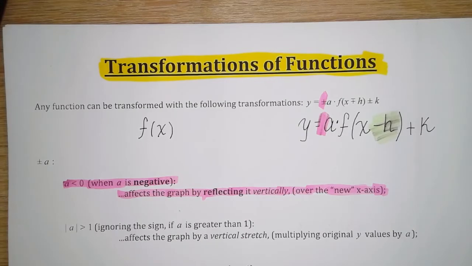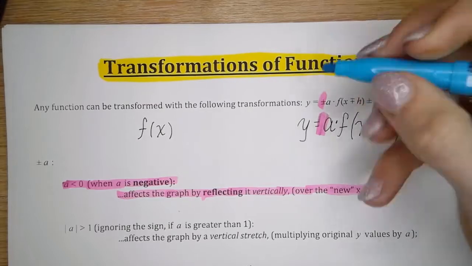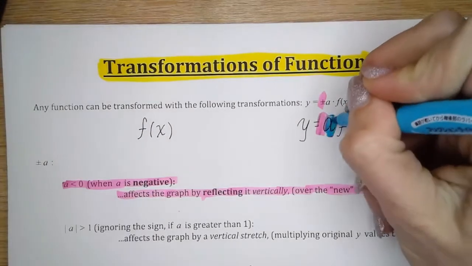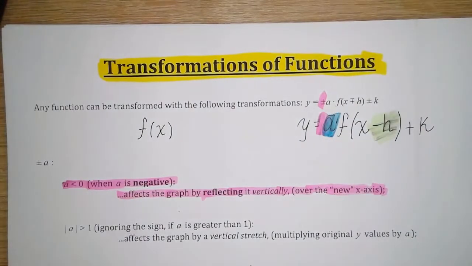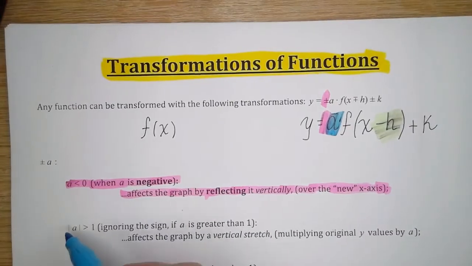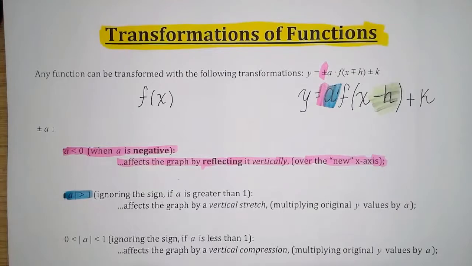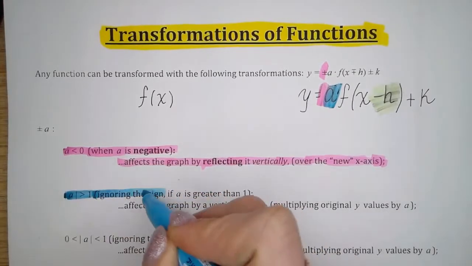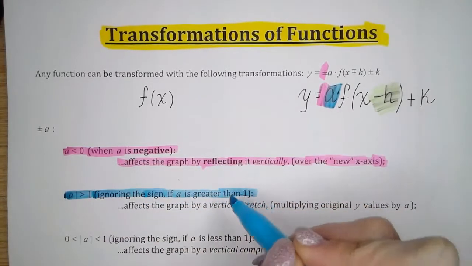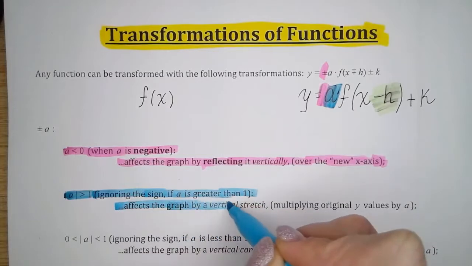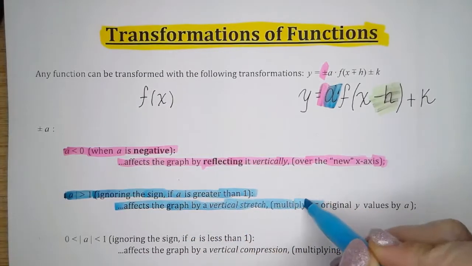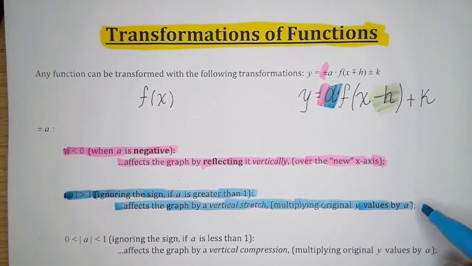Let's do this blue. The a value itself, okay? We looked at if it's positive or negative, but what about the a value itself? This is ignoring the sign, okay? The sign was taken care of up there in the pink. If the absolute value of a is greater than 1, it's a vertical stretch, so it does not impact your graph in the horizontal direction.